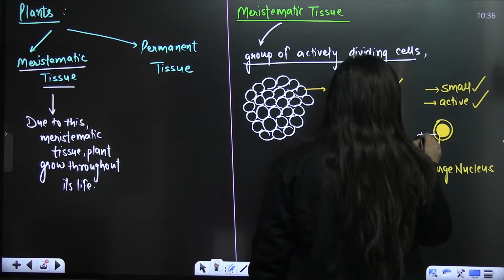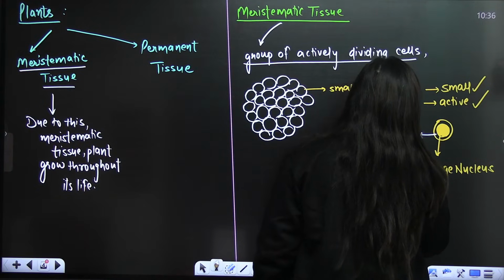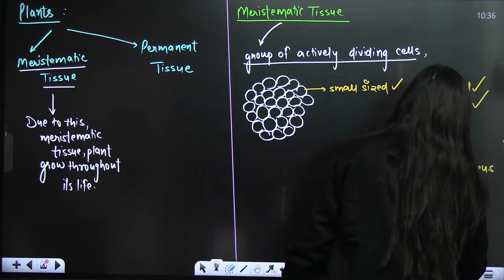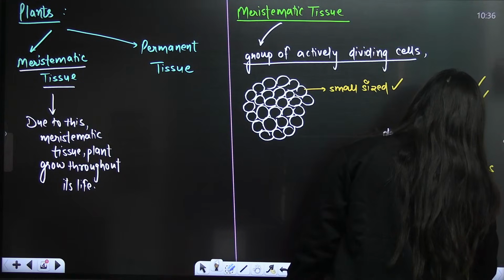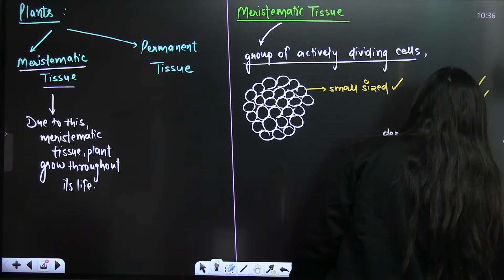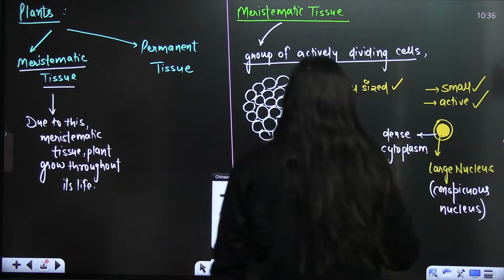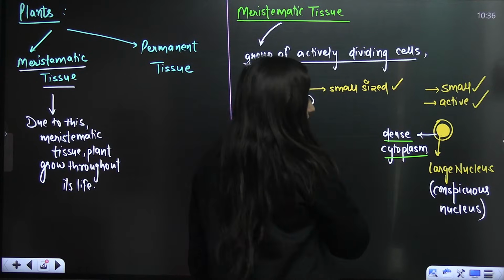And there will be dense cytoplasm. So a large, or you can also call it conspicuous, nucleus, and dense cytoplasm.